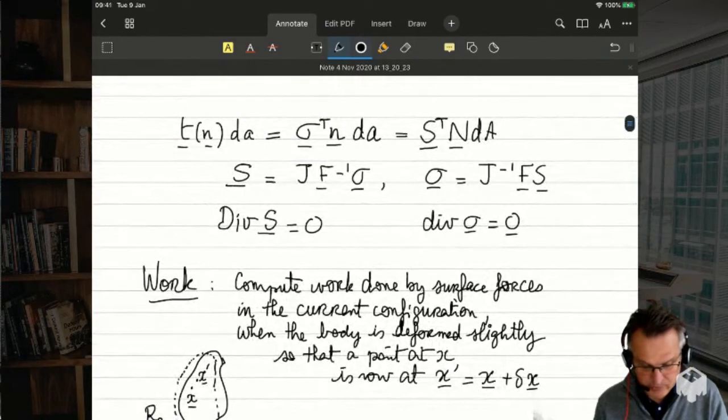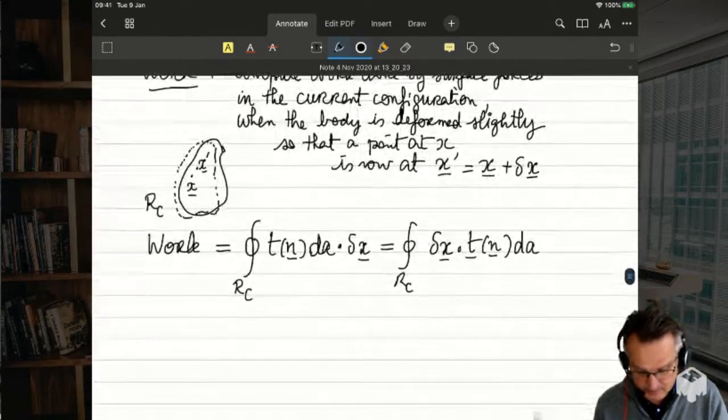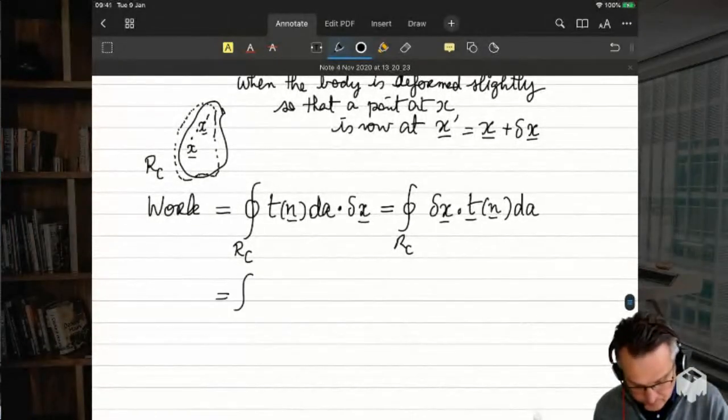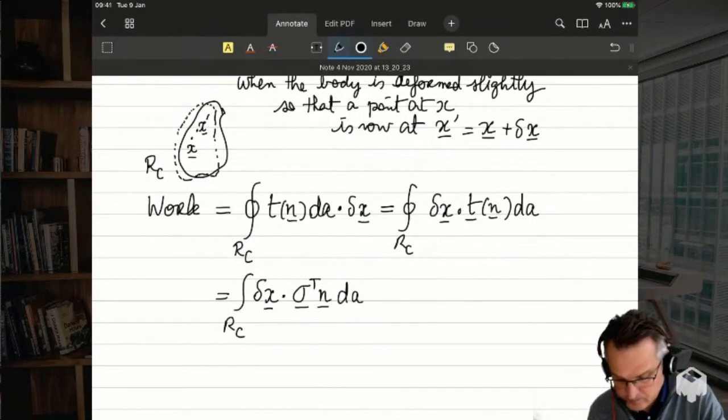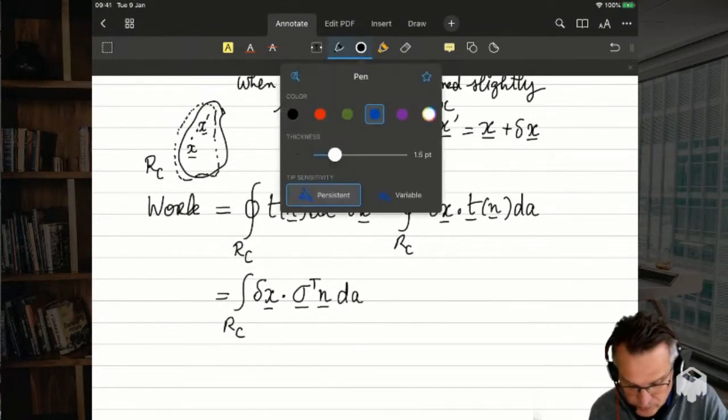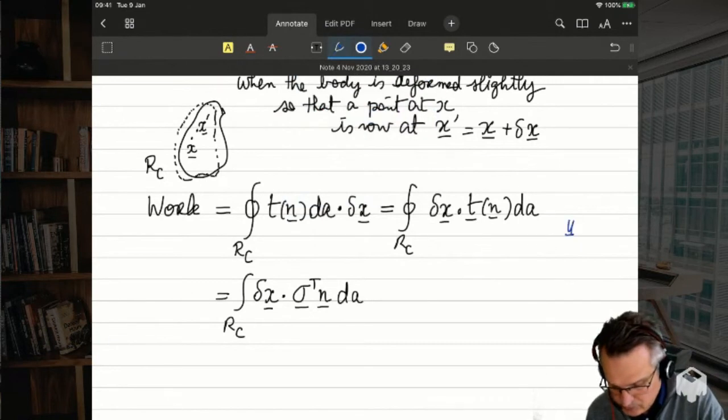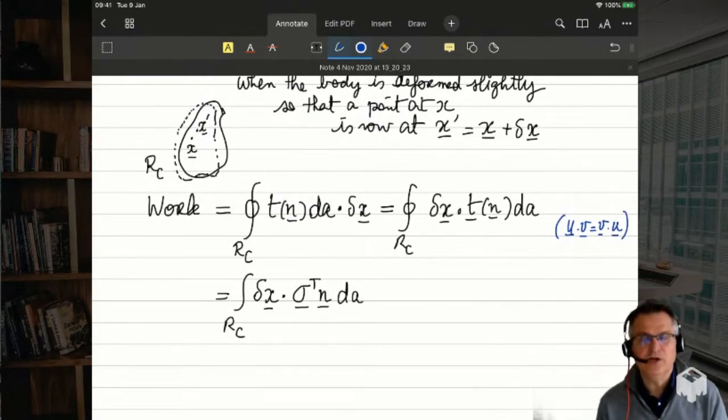And then from above, I remember that t(n) is sigma n. I'm going to write in blue the properties I'm using. In the first line, I just swapped the order of the two vectors in the dot product.